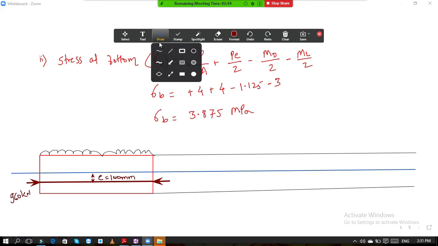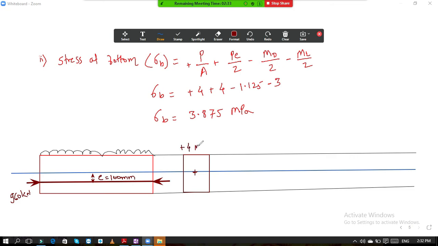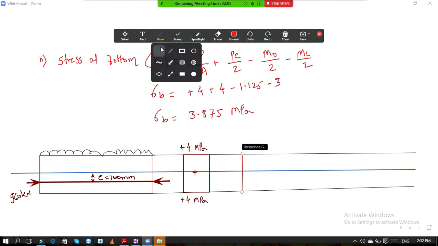So first we will draw the direct stress diagram. At top and at bottom it is positive, always positive. So at top it is plus 4 Newton per mm square, at bottom it is also plus 4 Newton per mm square. Then P by Z diagram. It is at top minus 4 and at bottom plus 4.